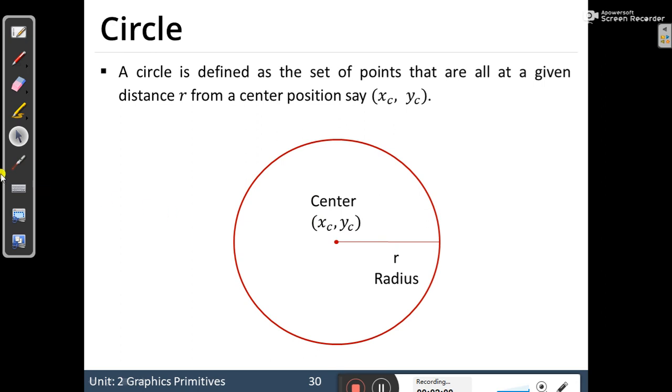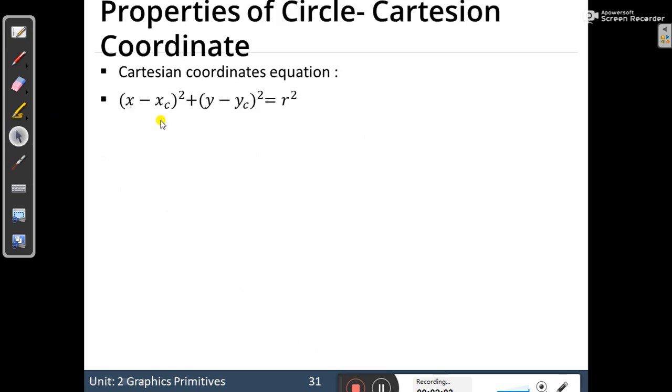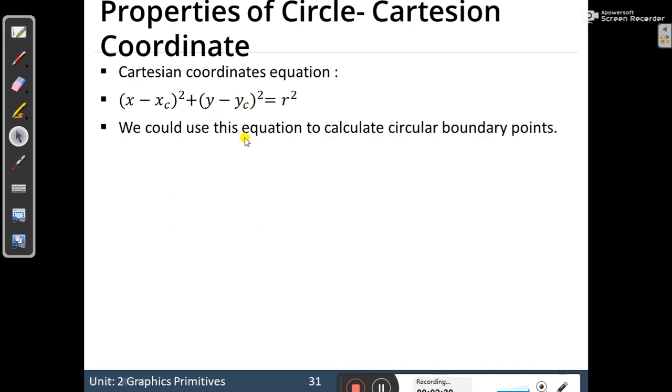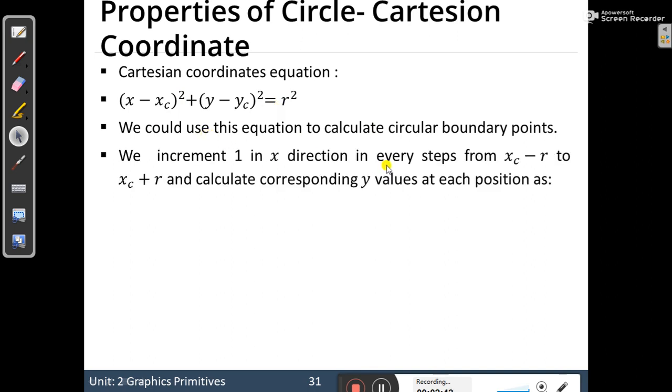Using the Pythagoras theorem we can say this, because x minus xc is the distance from the center to the x value of the point, and likewise the difference between the y value and the center value of y. We could use this equation to calculate circular boundary points. So these equations can be used to find the boundary points.